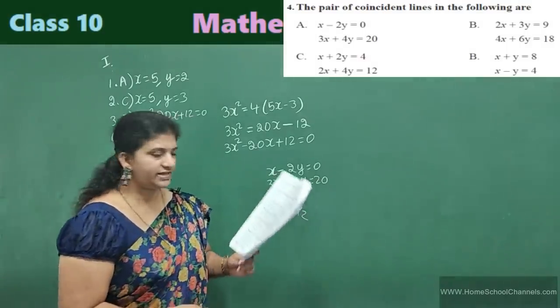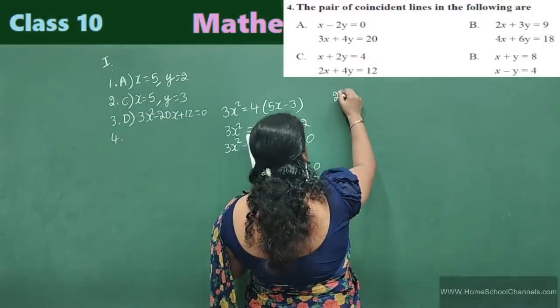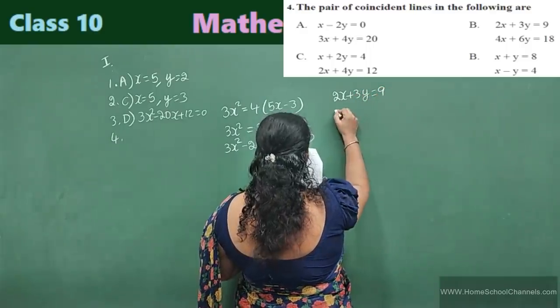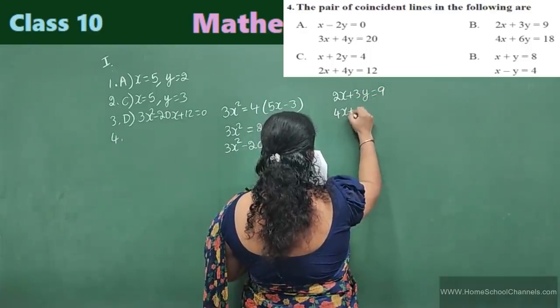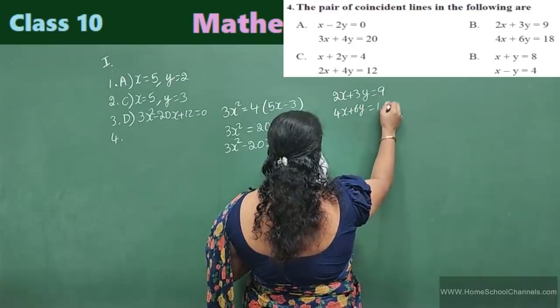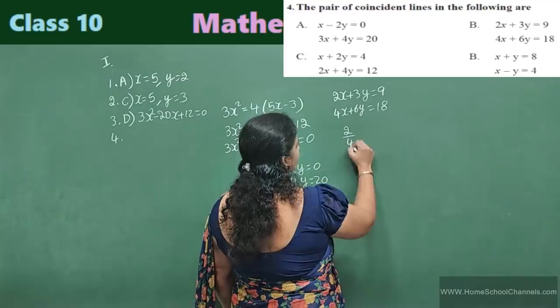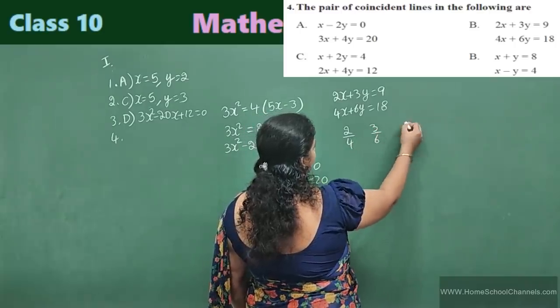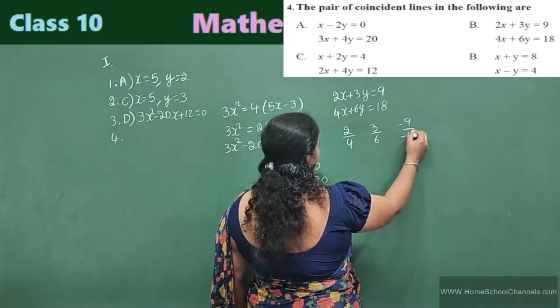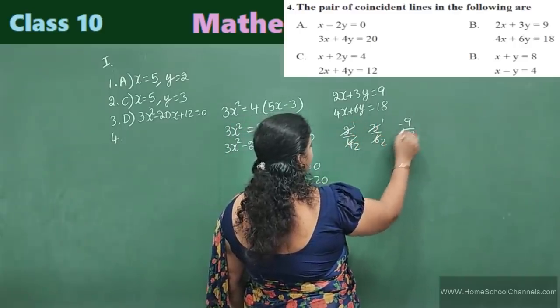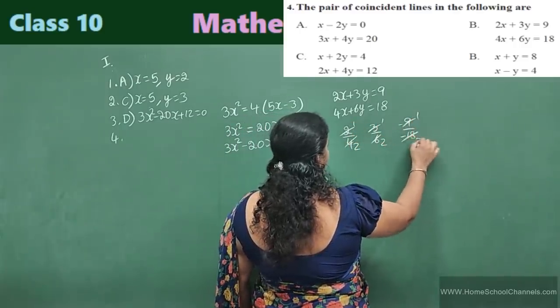So let's go with the second one in this. 2x plus 3y is equal to 9, 4x plus 6y is equal to 18. Again write the ratios. 2 by 4, 3 by 6, minus 9 by minus 18. 2 ones are 2, 2 twos are 4, 3 ones, 3 twos, 9 ones, 9 twos.